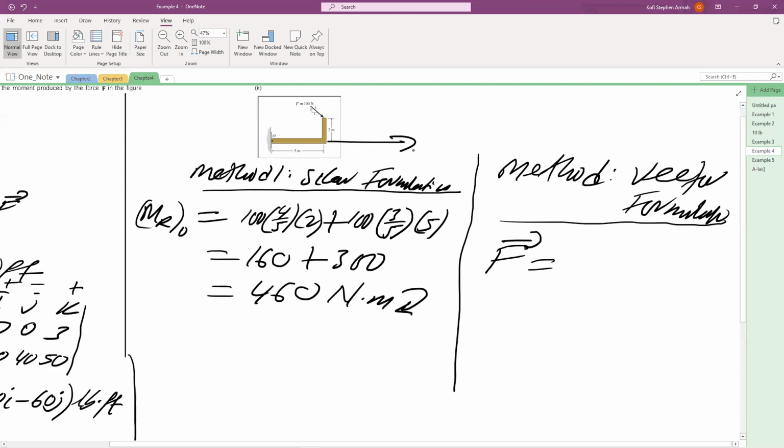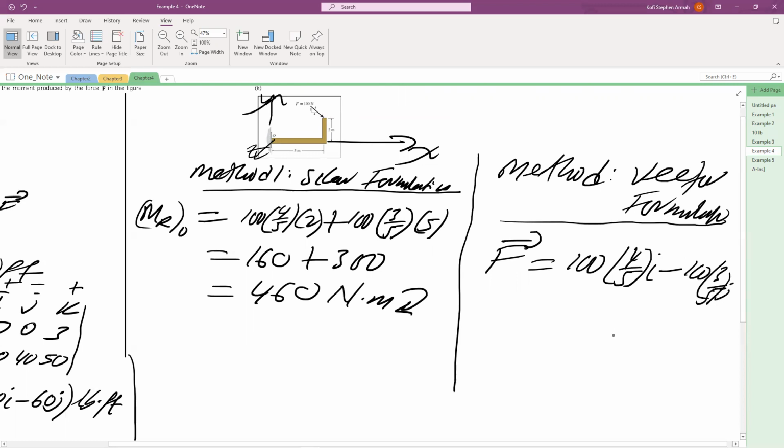And let's take this as our X, this as our Y. So what is coming out is your Z. If that is the case, then we can write the force as, look at this very well, the horizontal one was 100 times 4/5, and that is i. And then minus, because that is coming down, minus 100 times 3/5.